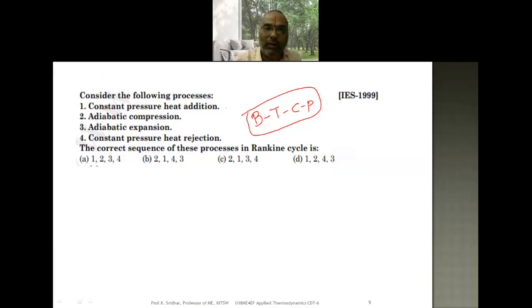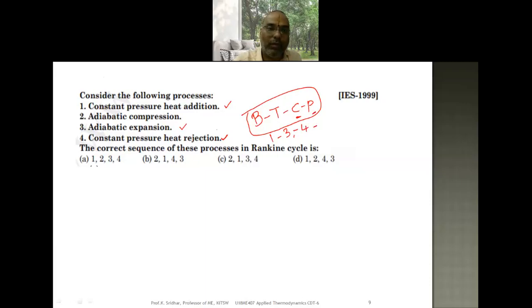In the boiler, constant pressure heat addition takes place. In the turbine, adiabatic expansion takes place, that is followed by 1, 3. In the condenser, a constant pressure heat rejection process takes place, 1, 3, 4.